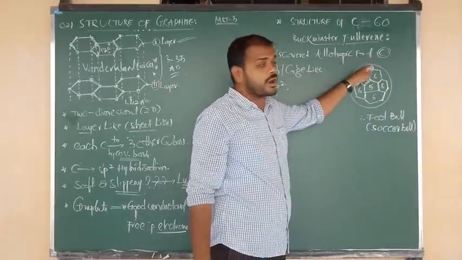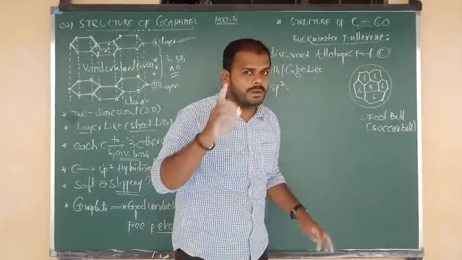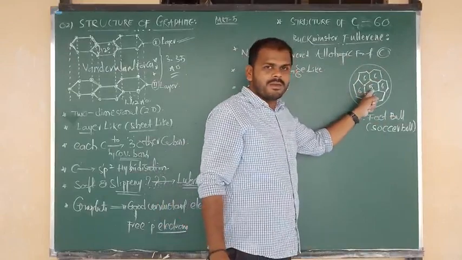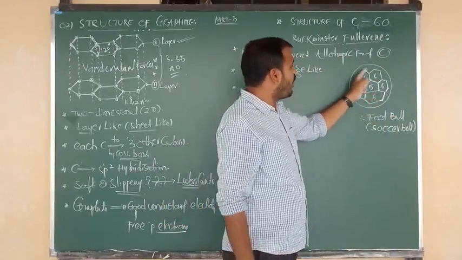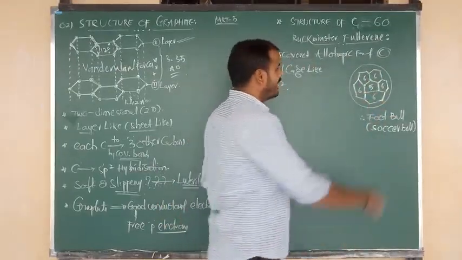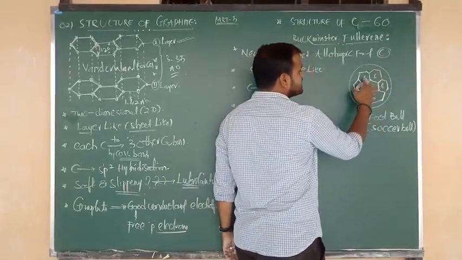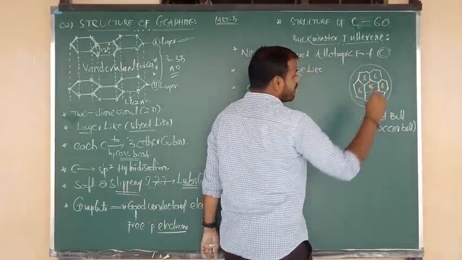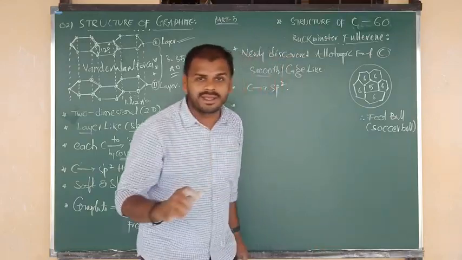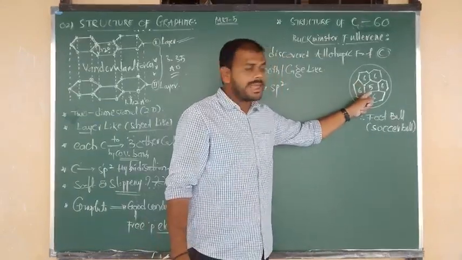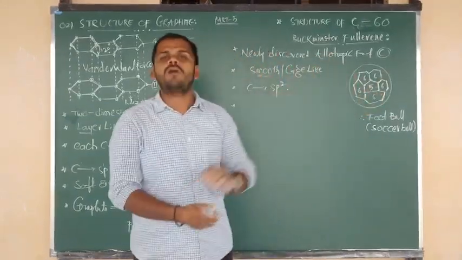But around a 6-membered ring, the surrounding rings may be 5 or 6. Listen carefully, around a 5-membered ring there should be only 6-membered rings. This ring contains 6 carbons, here also 6, here also 6. But centrally, a 5-membered ring is there.